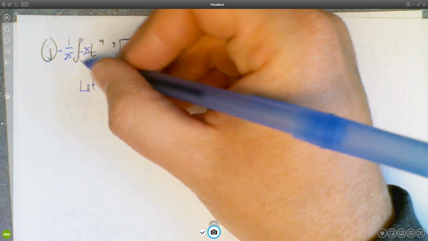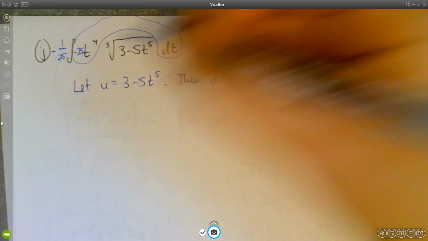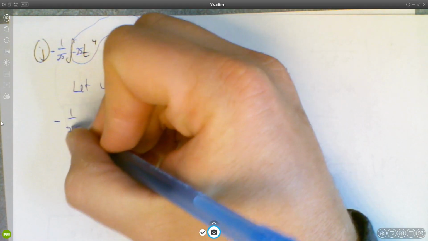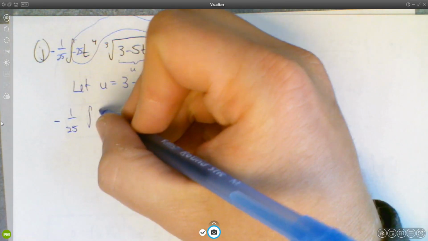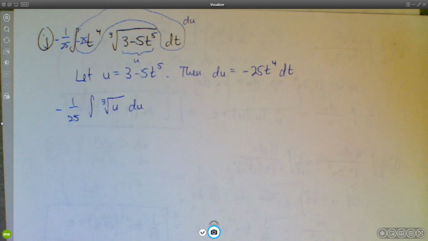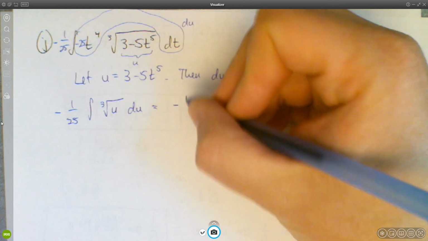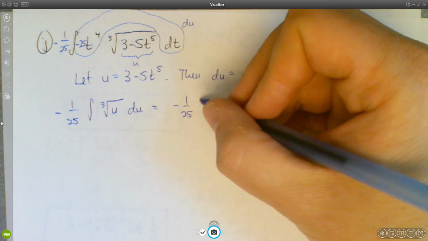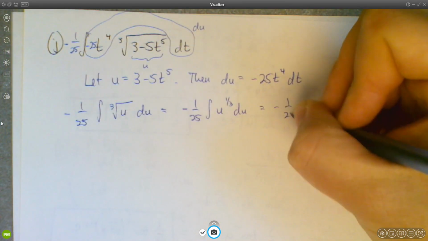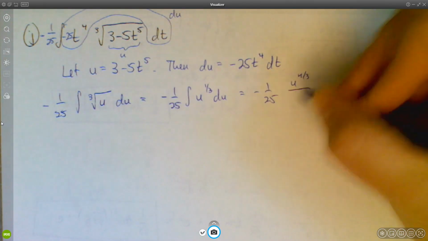And so this thing together with this thing is going to be replaced with du, right? And this thing is going to be replaced with u, and we're going to end up with negative 1/25 times the cube root of u du. Cube root of u is just u to the 1/3 power, right? So this is negative 1/25 integral u to the 1/3 du. Add 1 to the exponent, divide by that new exponent.